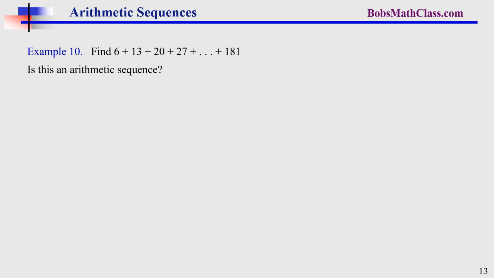It is an arithmetic sequence, isn't it? It's increasing by the same value. It has a common difference. 13 minus 6 is 7. 20 minus 13 is 7. 27 minus 20 is 7. And it's increasing, so d is 7.